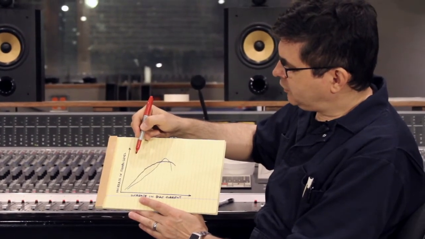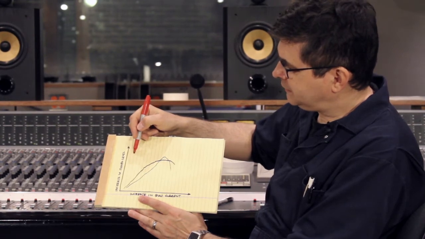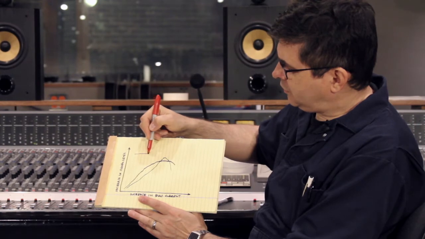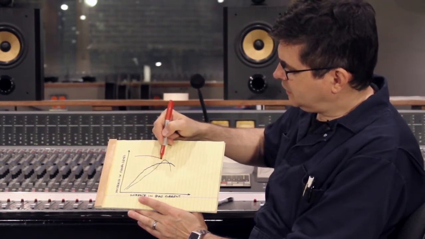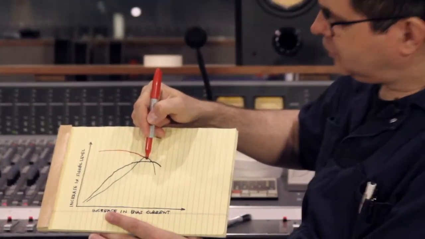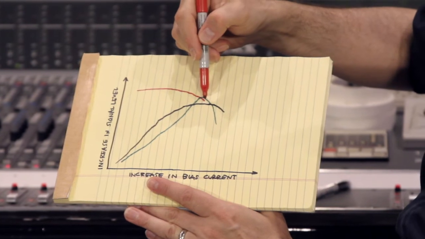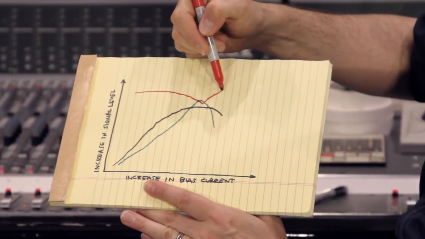So the noise performance of the machine is going to be very poor. You're going to have a very high noise level. Then the noise performance will improve as bias increases, and you'll get to a point where the noise and distortion are at a minimum. And then as you increase the bias, noise and distortion will start to come up again.